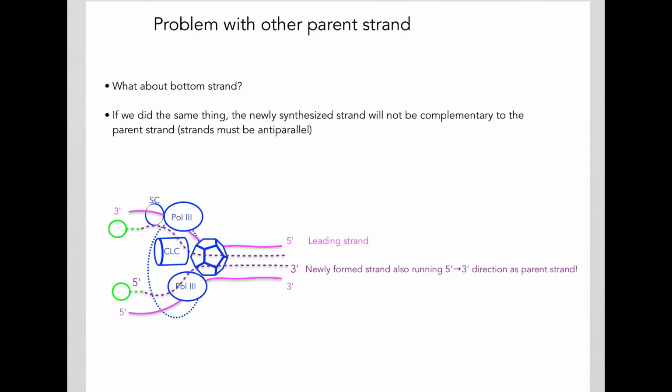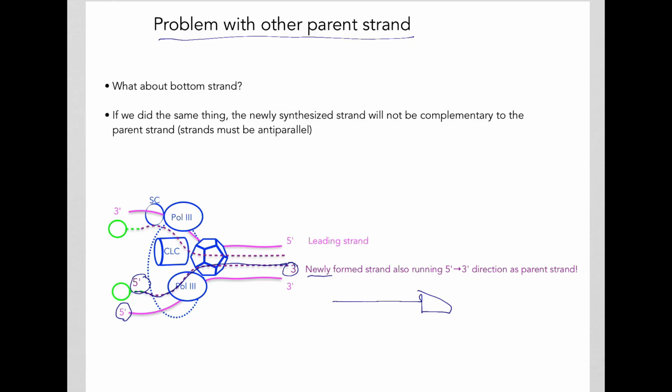Now we have a problem with the other parent strand, with this strand here. You see the replisome is running in this direction. It can only go in one direction, in this case from left to right. If the new strand was also synthesized in this direction, the new strand would be running 5' to 3' left to right.